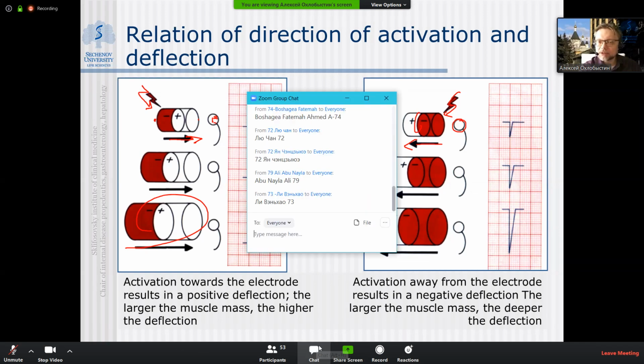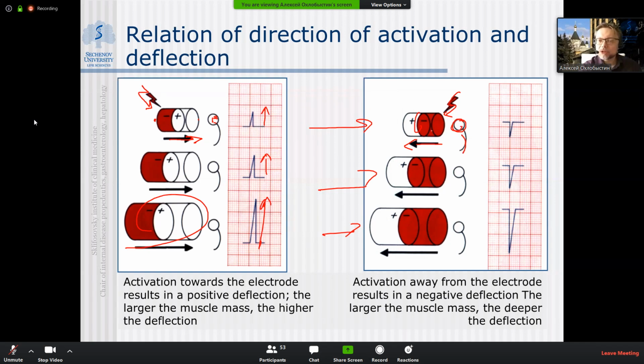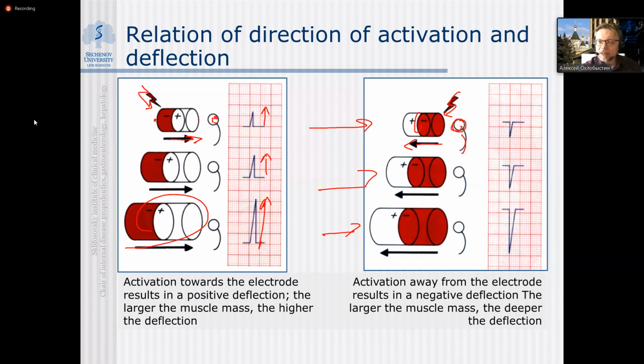The only difference is the location of the exploring electrode. What does the same piece of muscle mean? It means the same amplitude and, by the way, the same width of activation. Width will depend upon the time over which the activation spreads from the origin until the last cardiomyocyte that is not yet activated.